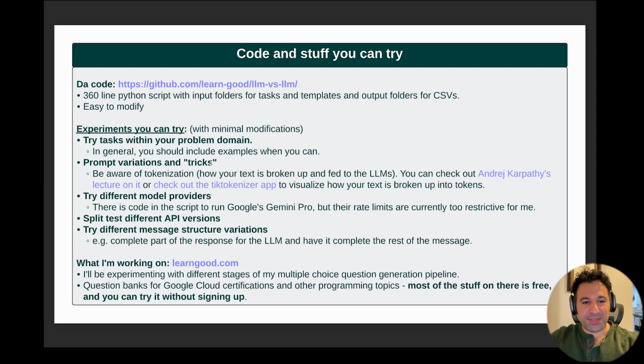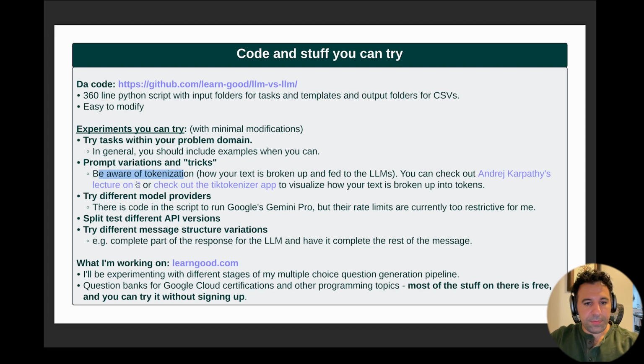I don't know how well it works, but in any sense, when you do vary your prompts, be aware of tokenization. Andrej Karpathy has a great lecture on it. It's kind of long, but if you want a shorter visualization of how your text is tokenized before it's fed into these LLMs, check out the Tick Tokenizer app. I'll leave a link so people can check that out.